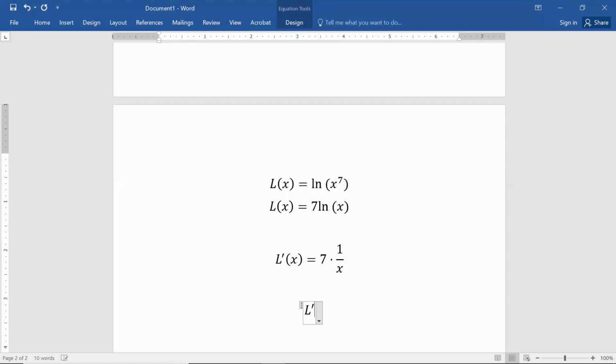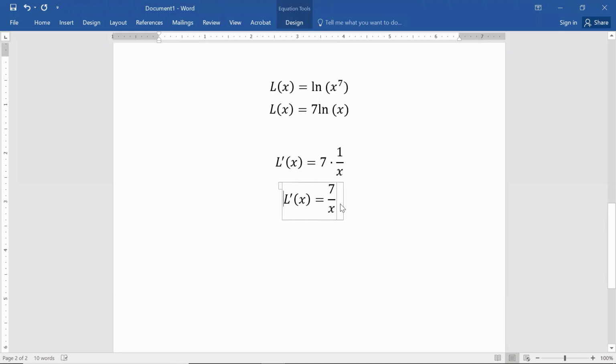And if you want to make that derivative look nicer, that is just 7 over x. So the natural log of x to the 7th has derivative 7 over x. We'll see another way to do that later on in this course.